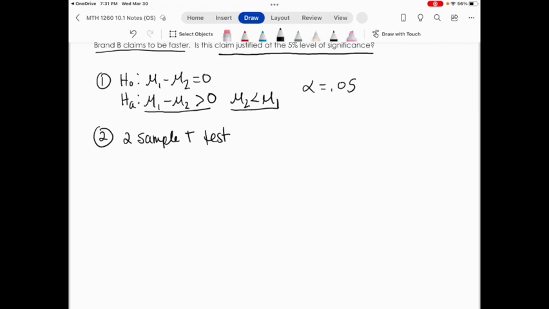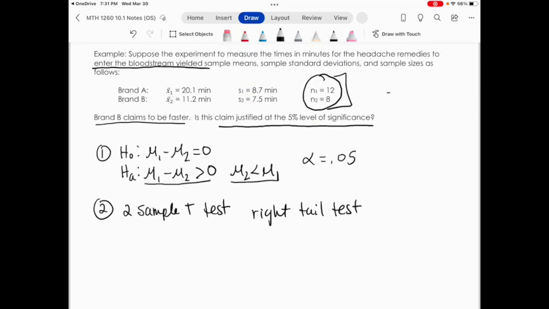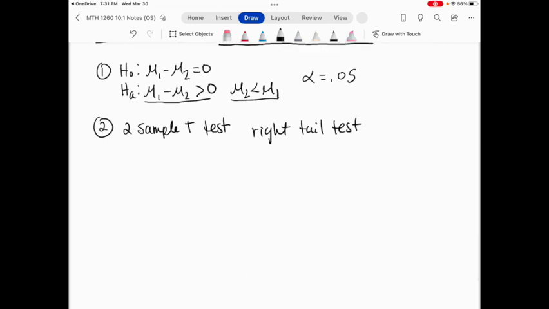Now I'm going to go into the calculator to the 2-sample t-test option, and I'm going to put in all this information that's given to me up here in the problem. When I do that, I'm going to get a test statistic that is 2.437. And we're going to get a p-value that is 0.0132.